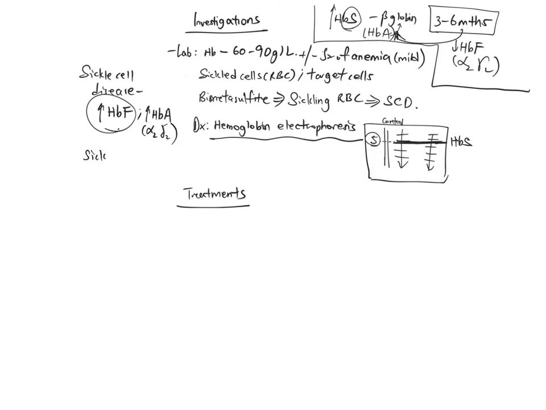In sickle cell trait, however, you will not typically see an increase in hemoglobin F because the condition is a lot less severe, and in general the hemoglobin A will be less as compared to sickle cell disease.